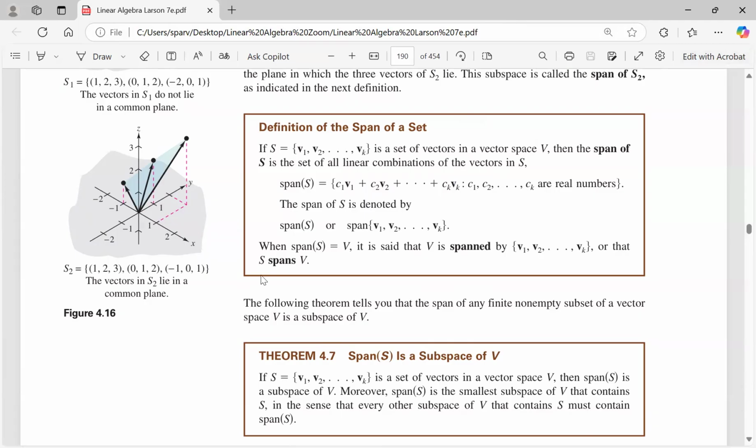And when the span of S is equal to V, that means that every vector in V is covered by it. Then we say V is spanned by vectors in S, or simply S spans V. So it's a lot of terminology here.